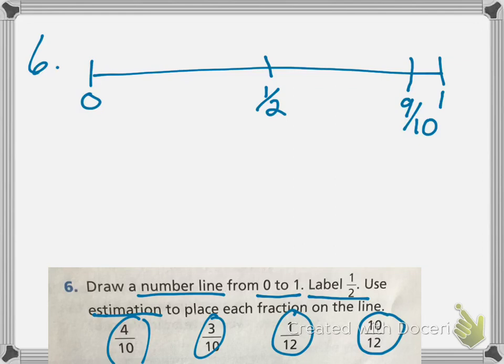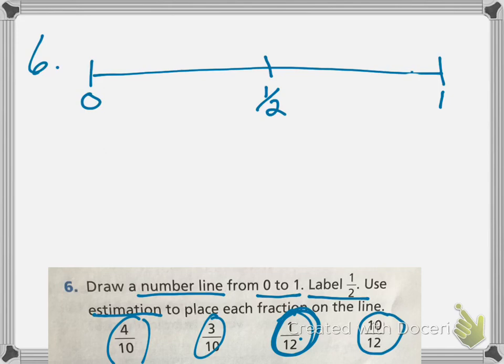So think about that when you're doing 1/12. Is that most or barely any? Where would those numbers go? So 9/10 was one that I just did with you. That's not one of the ones they want you to do. So the ones they want you to do are 4/10, 3/10, and then 1/12 and 10/12. Okay, so do the best you can on that.